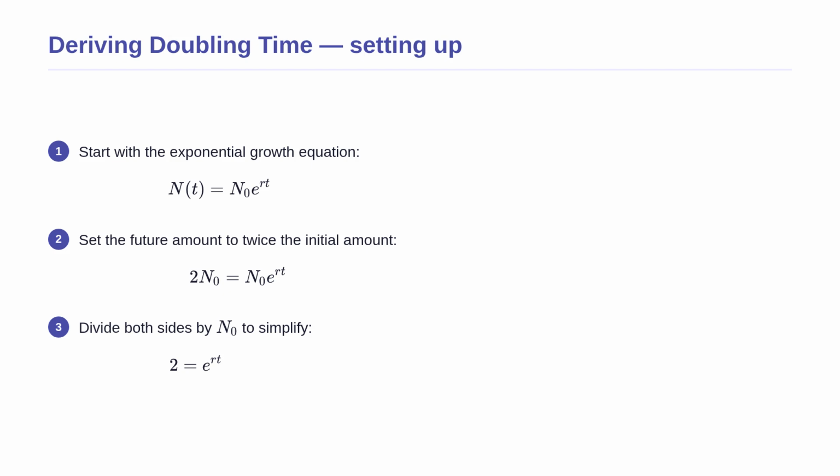Because we want to find the exact moment in time when the database has grown to double its original size, we replace the future amount variable with 2 times the initial amount. Notice that the initial amount variable appears on both sides. By dividing both sides by the initial amount, we completely eliminate the starting size from our calculation. This proves mathematically that doubling time is independent of the current database size. Next, we will solve for time.